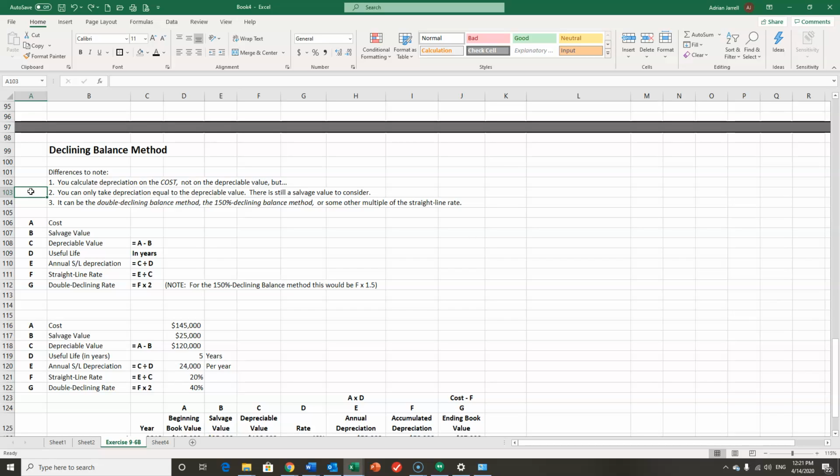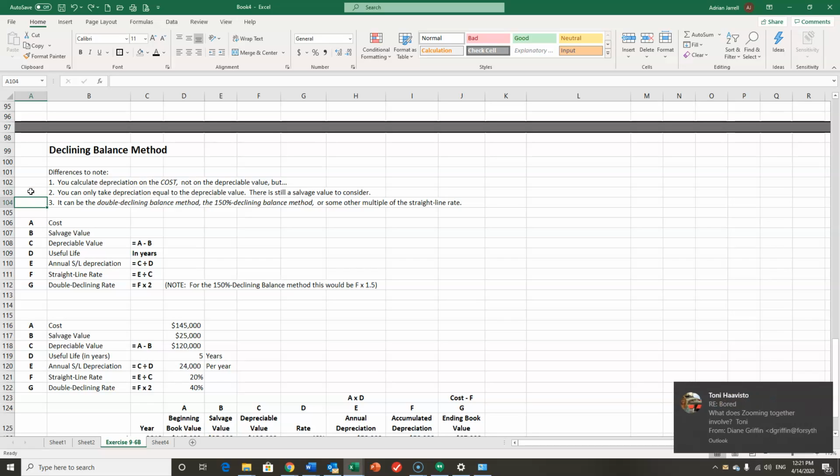Even though you're computing depreciation based on the cost, you can still only depreciate the book value of the asset down to the salvage value, meaning you can only take depreciation equal to the amount of the depreciable value of the asset. And finally, it can be double declining balance, it can be triple declining balance, it can be 150% declining balance.